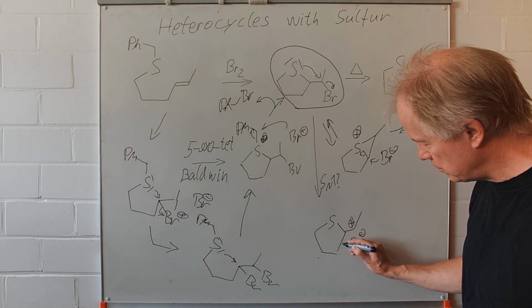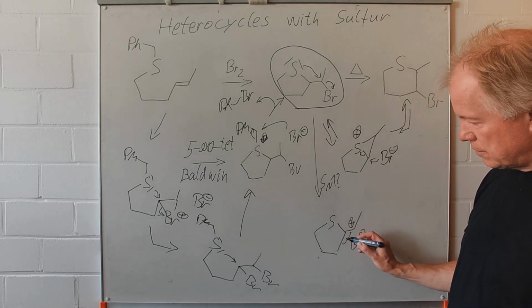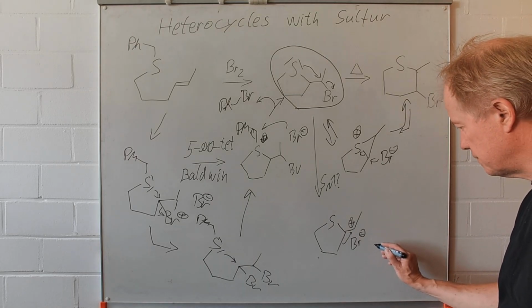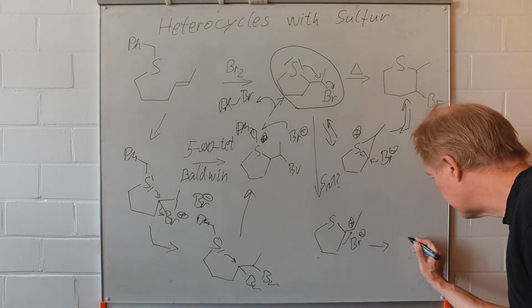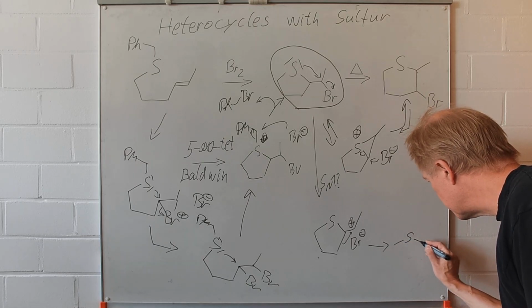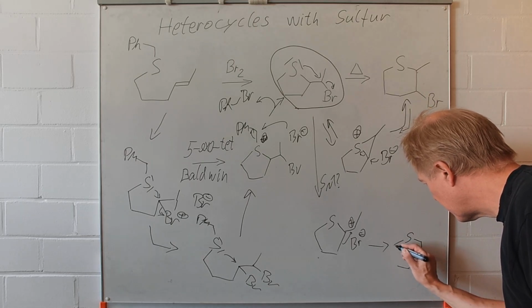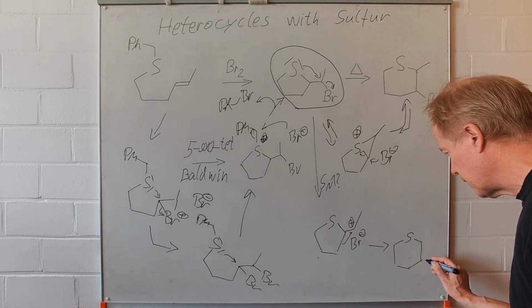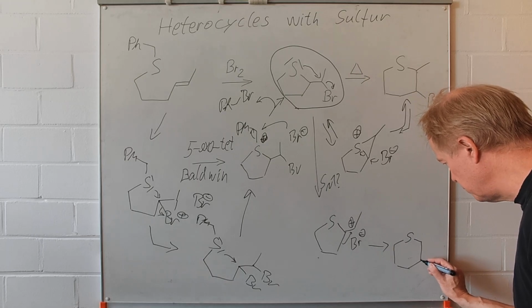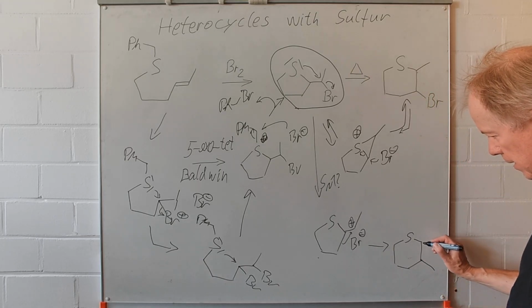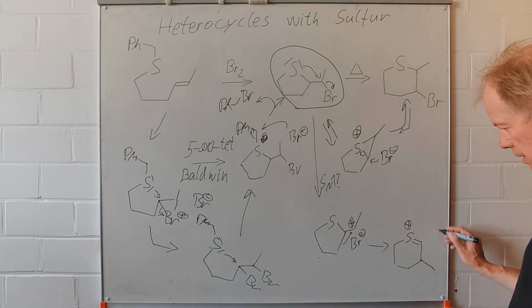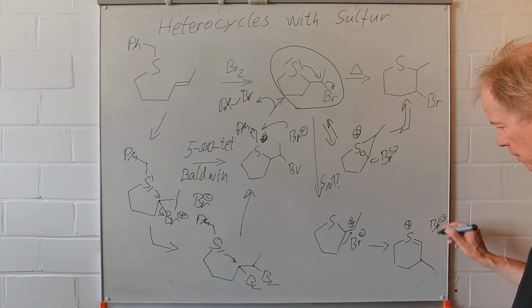This carbon migrating and takes the electron pair with it. Then also a 6-membered ring is formed with the methyl group here, and there is the cation, which might be mesomerically stabilized by the sulfur.